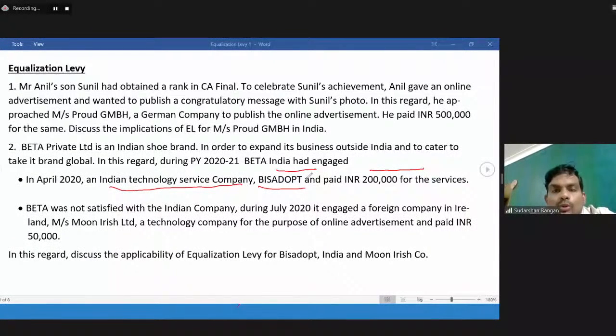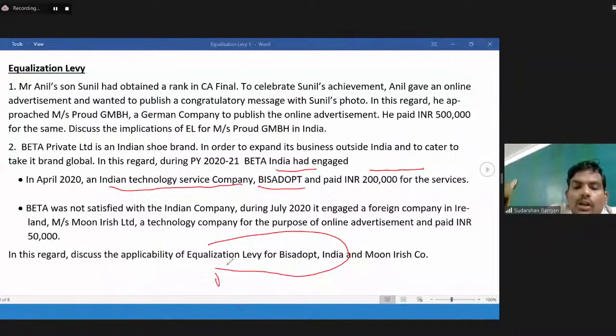The person who is paying should be a resident, and it should be for a specified service. What is that specified service? Online advertisement. So here only two conditions are satisfied: online advertisement, and payment is made by a resident. The recipient is an Indian company. Therefore, equalization levy for BizAdopt is not applicable.